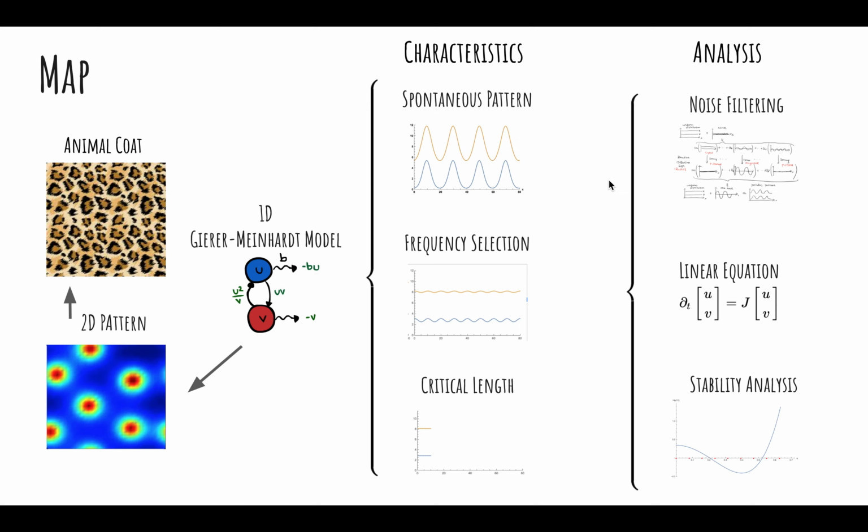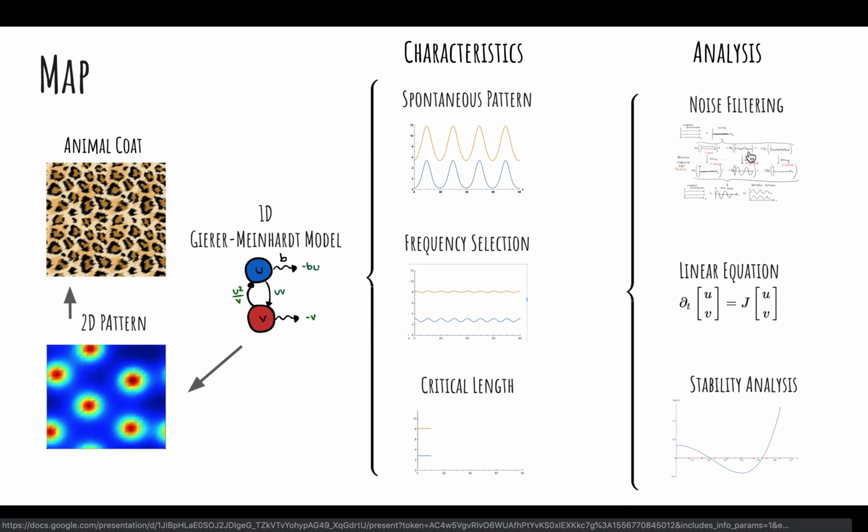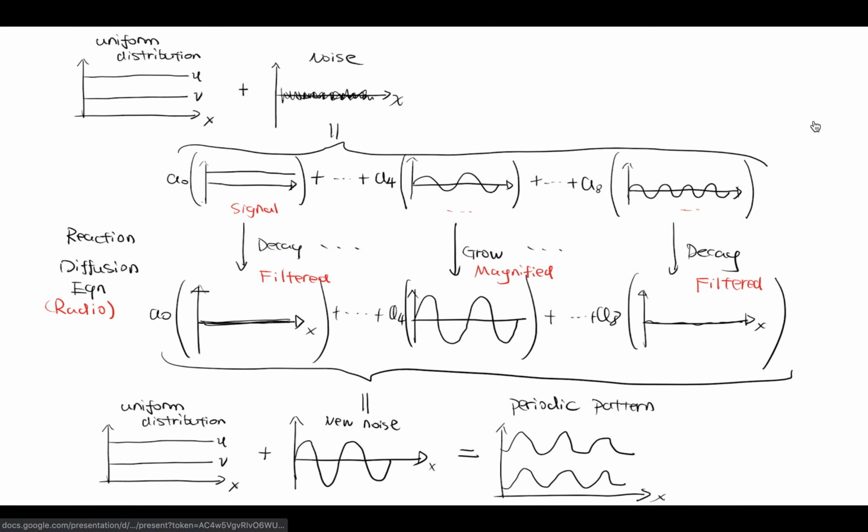Now, let's do some analysis and see why this equation has these characteristics. So we start with a uniform distribution, we add some noise, and I want you to think of the noise as a linear combination of signals of different frequencies, as white noise is a uniform combination of different frequencies.